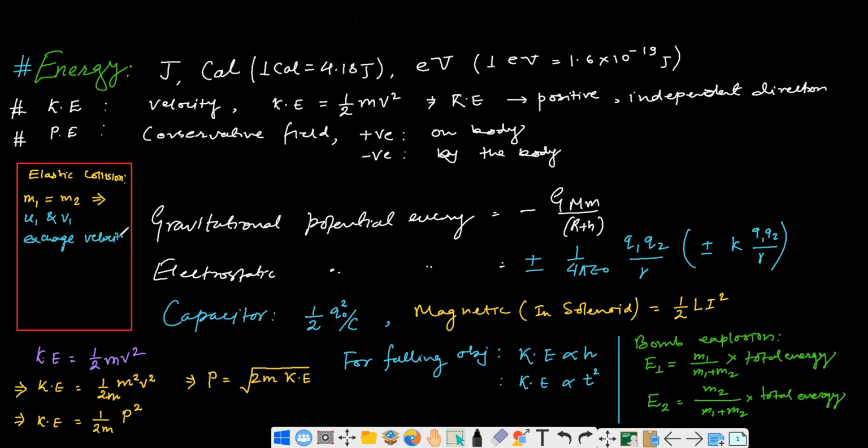That means finally after collision, the first object's velocity becomes U2 and the second object's velocity becomes U1. So they will exchange the magnitude of the velocity.